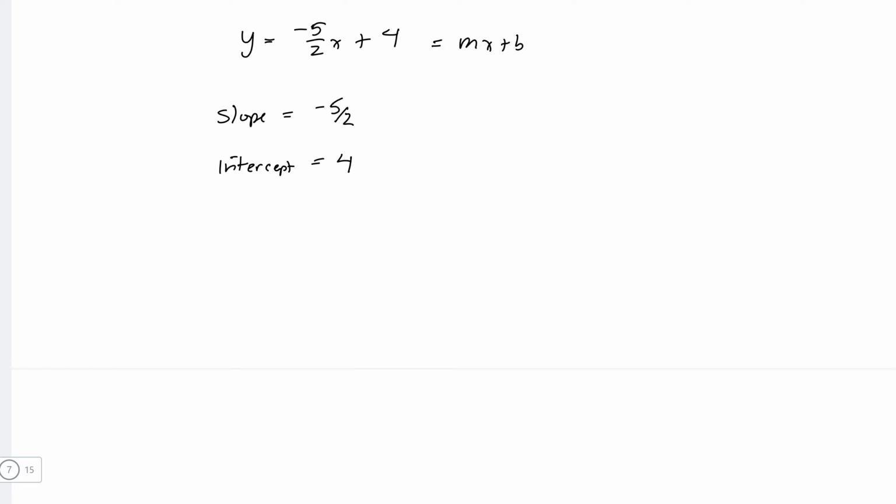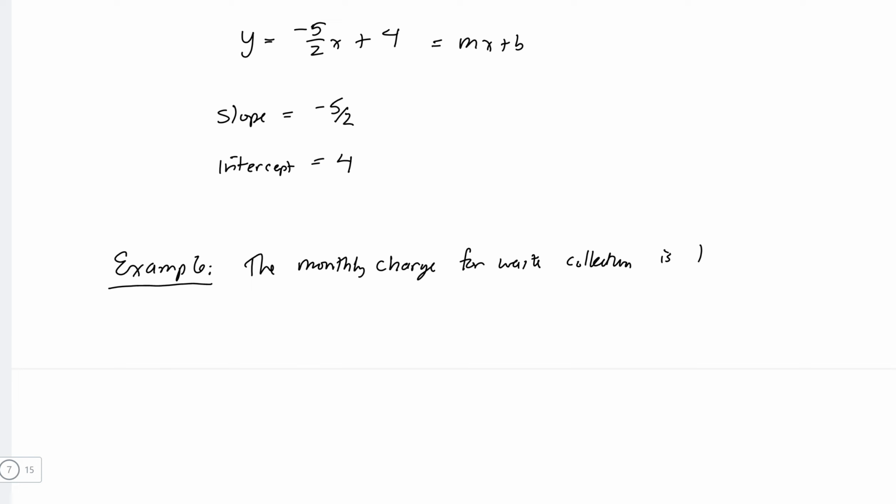Okay, let's do one more example. The monthly charge for waste collection is, let's say, $10 for 30 gallons of waste, and let's say $12 for 60 gallons.